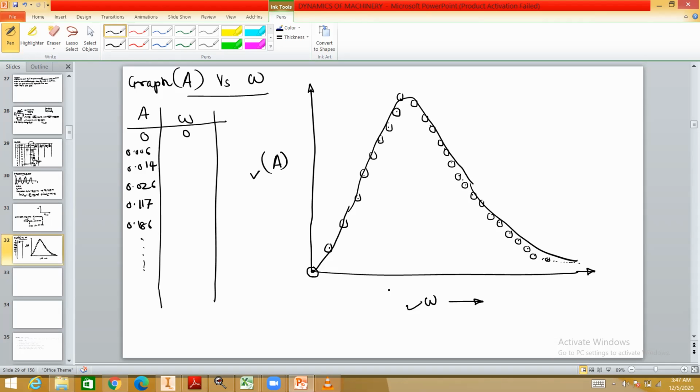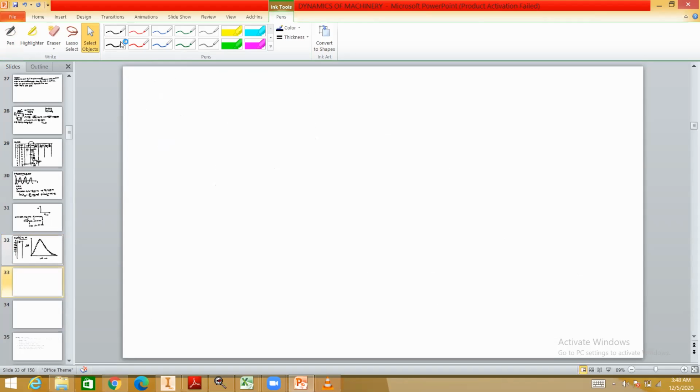The second graph that we have to draw is the graph of magnification factor versus frequency ratio, omega upon omega n. So for that we have to find out the magnification factor. What is the magnification factor for the rotating unbalance?